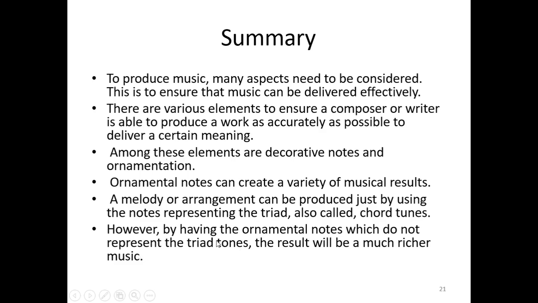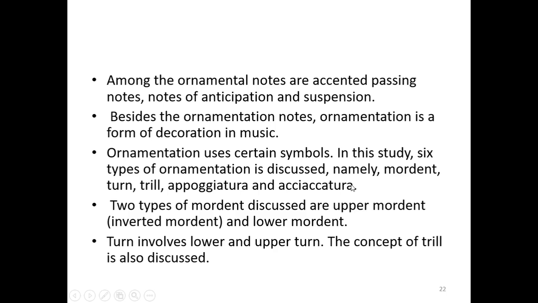So this triad is the thing that gives you the melody, and when you add this ornamentation, it gives an added kind of enhancement to the music that is already played. And then when we talk of ornamental notes, there are accented passing notes, notes of anticipation, and notes of suspension.